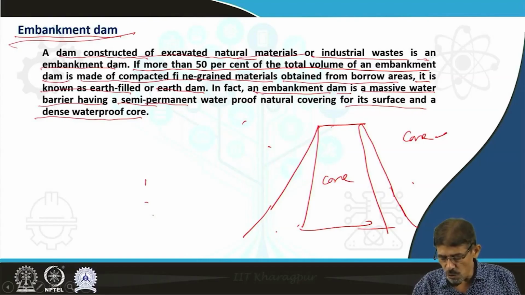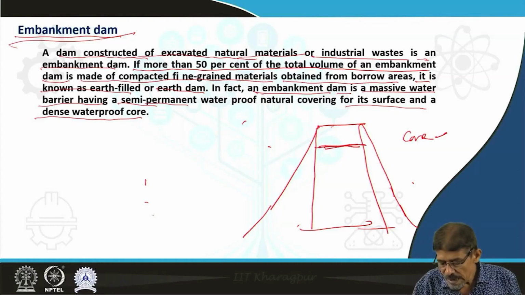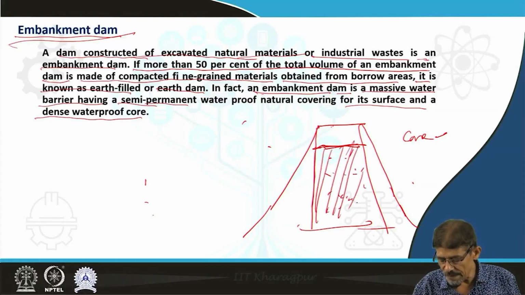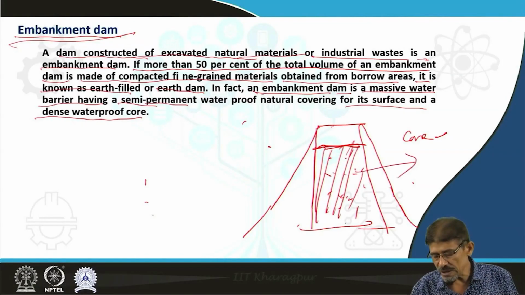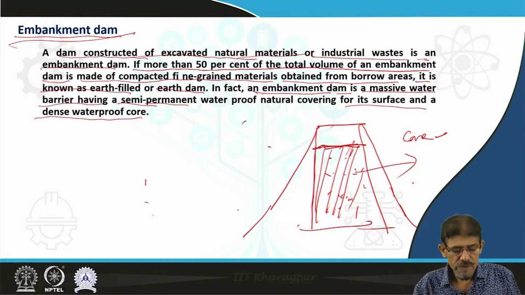If this core is limited to this level and made up of concrete, this is the diaphragm structure. This portion is a diaphragm structure, and this type of dam is recognized as the earth dam or earth-filled dam with diaphragm structure.